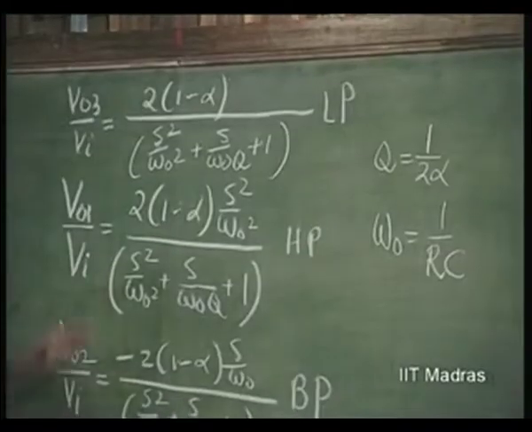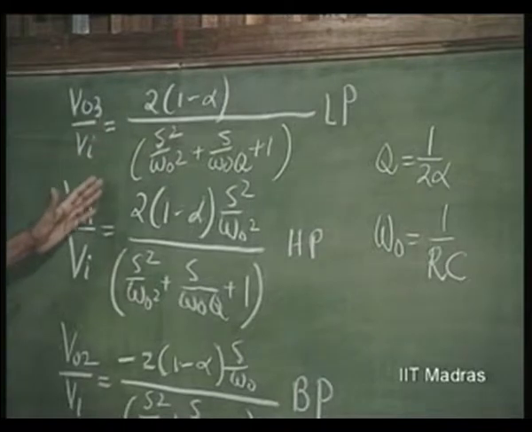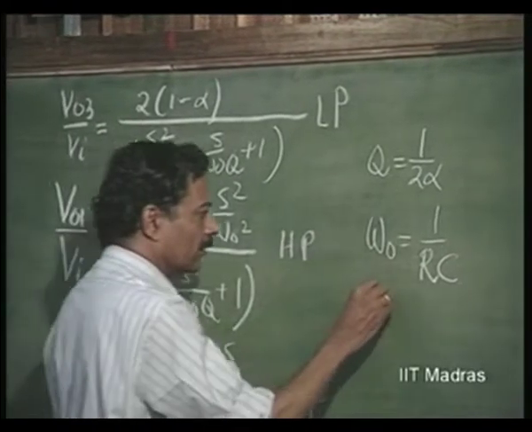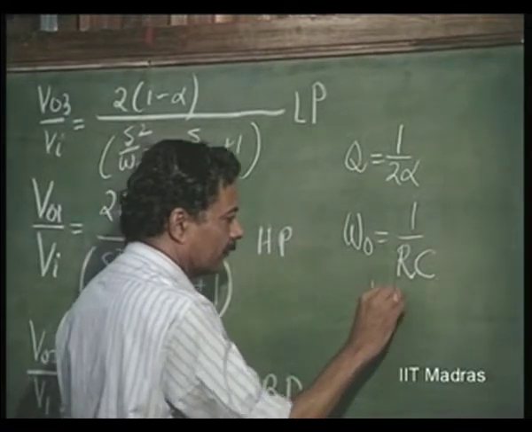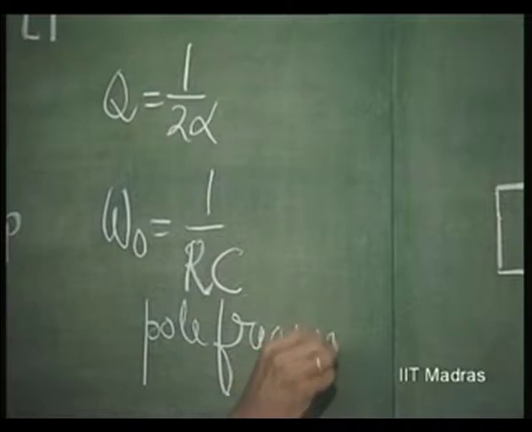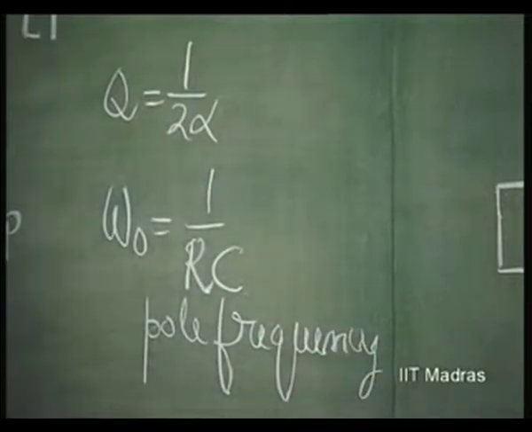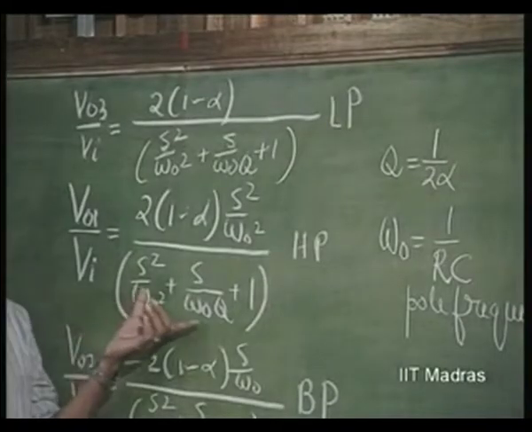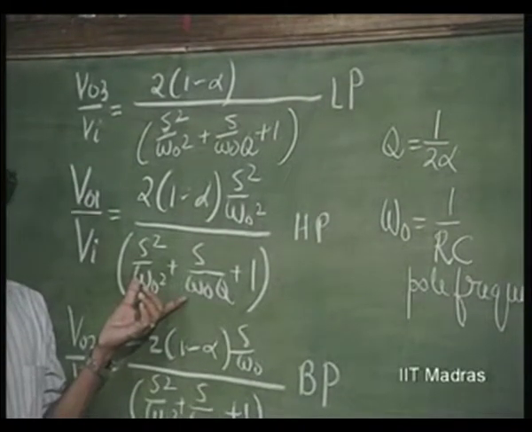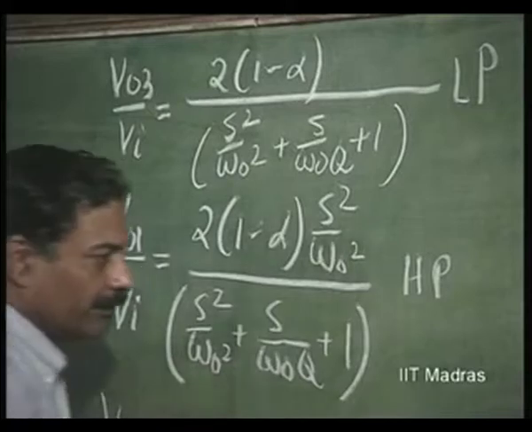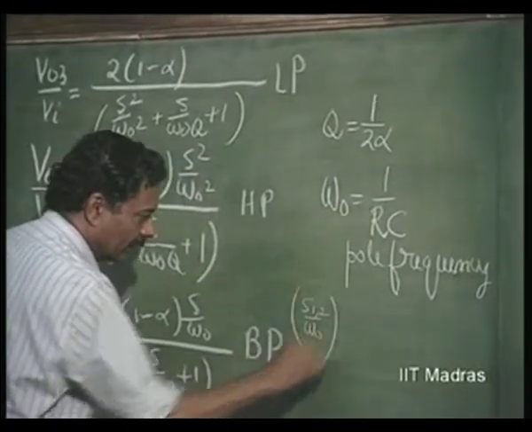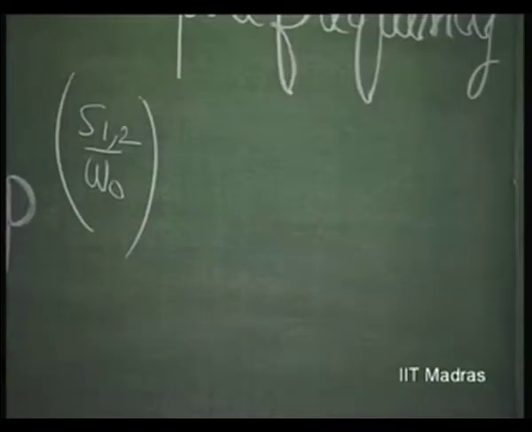Let us see what these responses will look like. This is also called pole frequency. This particular system has poles given out by the denominator here, okay, and if you find out S1,2 divided by omega naught, this is called normalized frequency, okay.